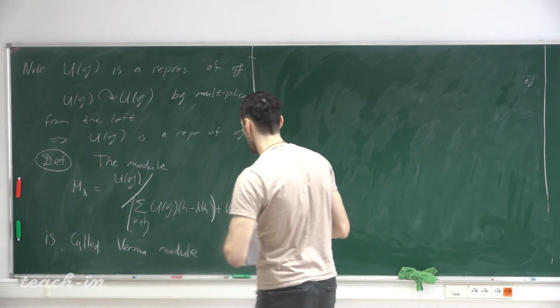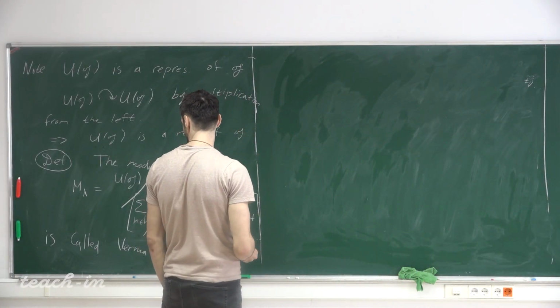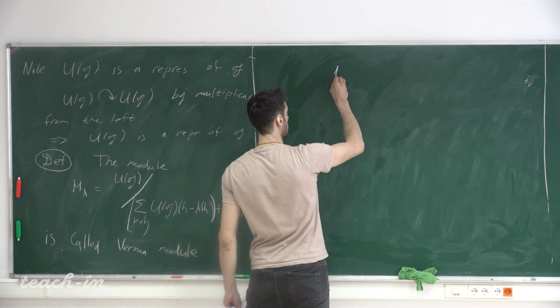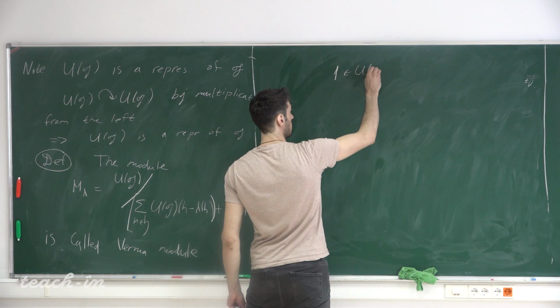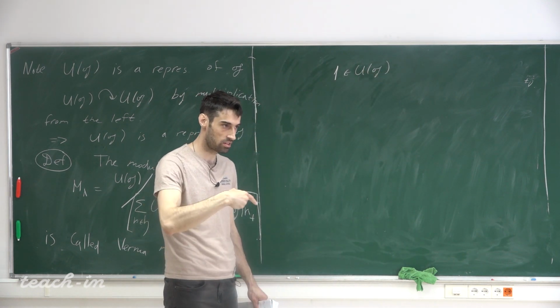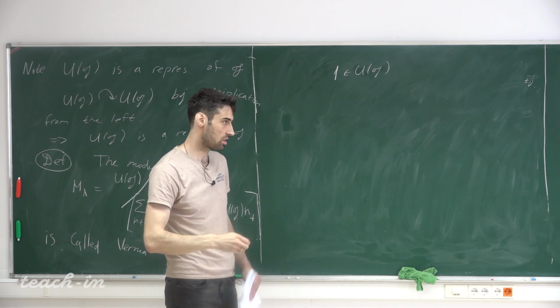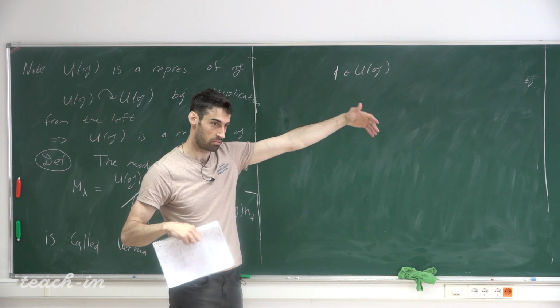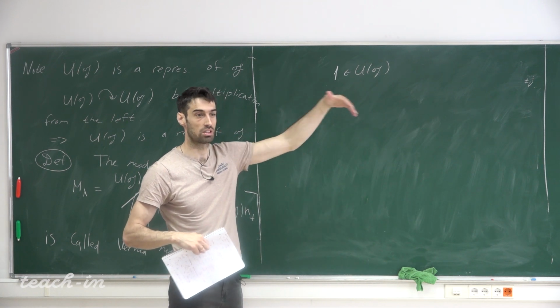So let me take a 1 inside U of G, right? U of G is a unital algebra. It has 1, and then degree 1 elements are G, and then you have some products of elements of G.